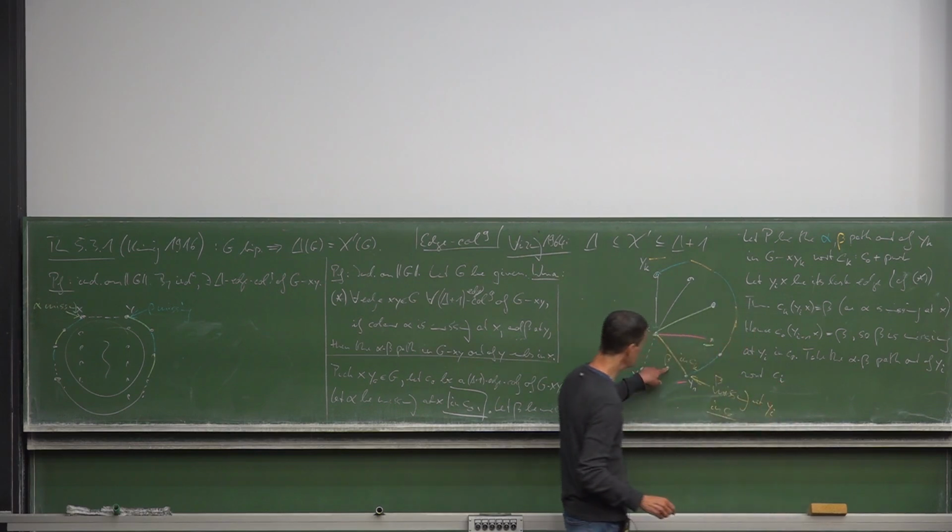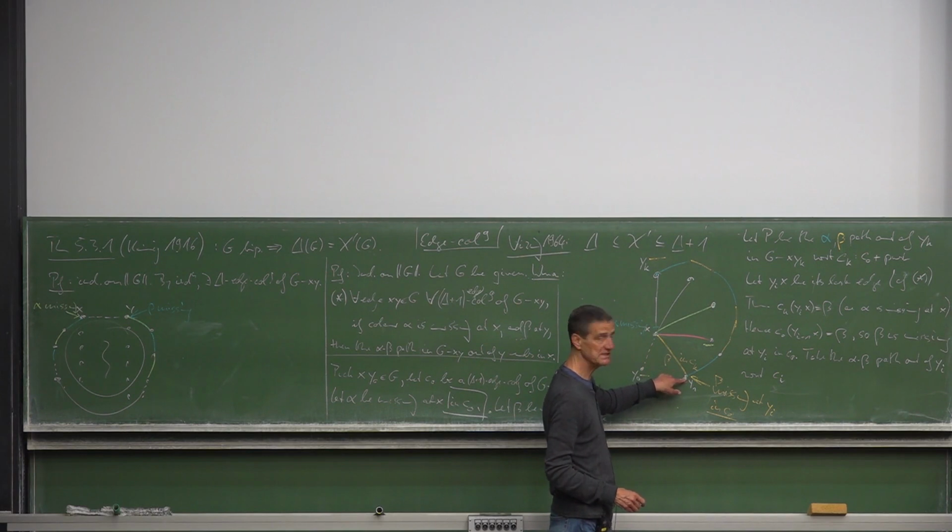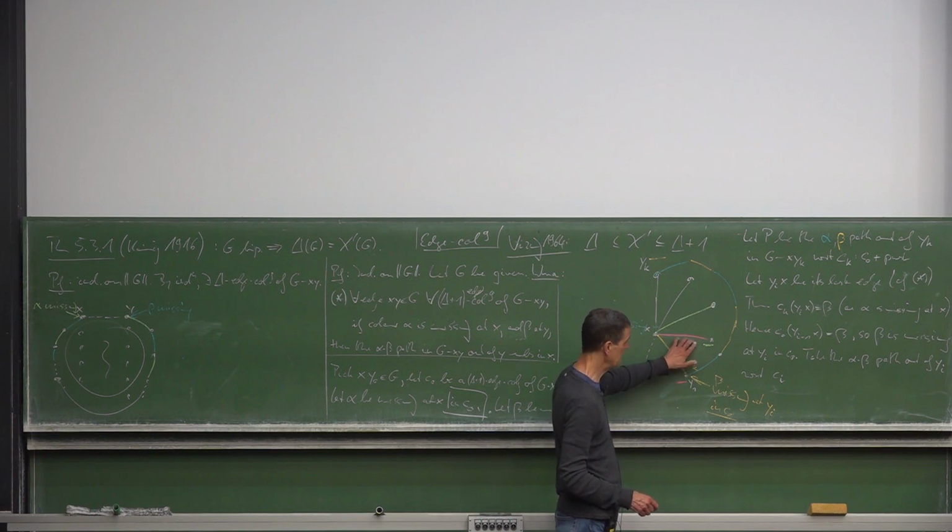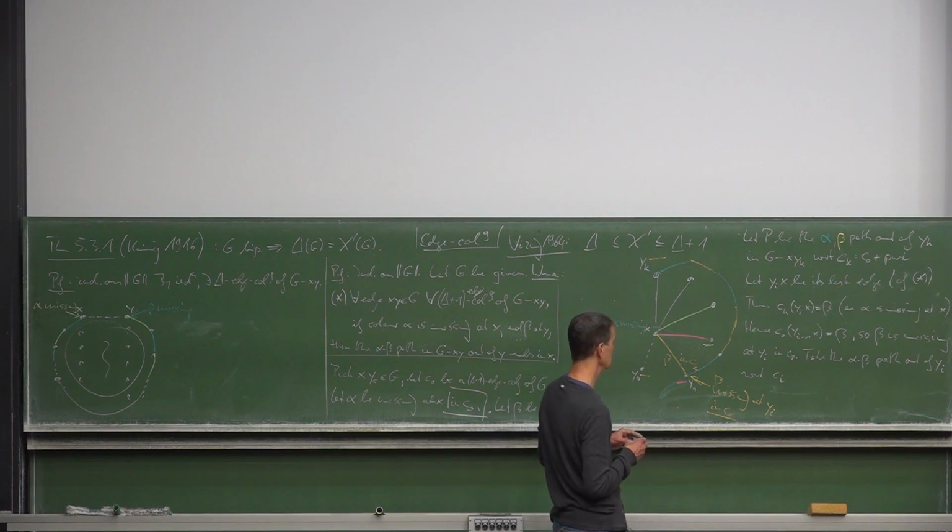So in ci, since this beta is missing in C0, it's the same argument.